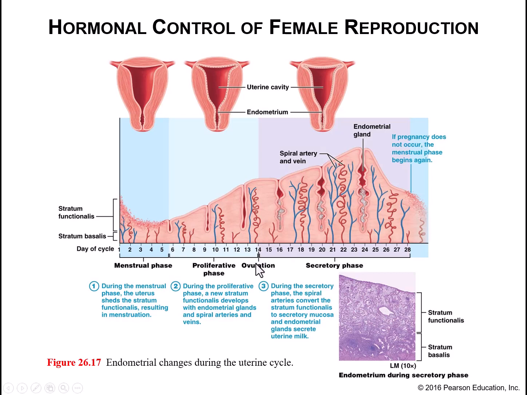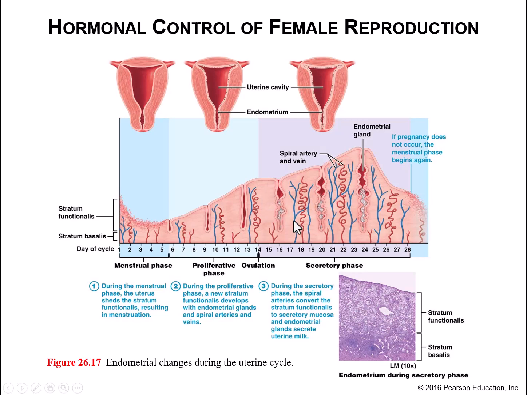With the LH surge, remember those really high levels of estrogen that we just saw back on the HPG axis? That real high surge of LH stimulates ovulation. Then when we have ovulation, the granulosal cells now convert into the corpus luteum.